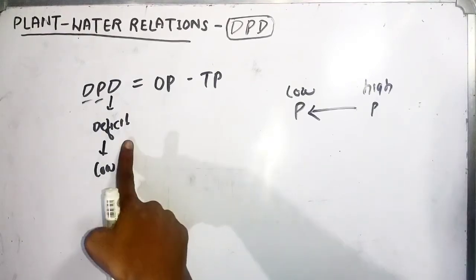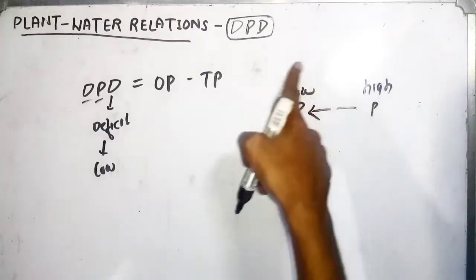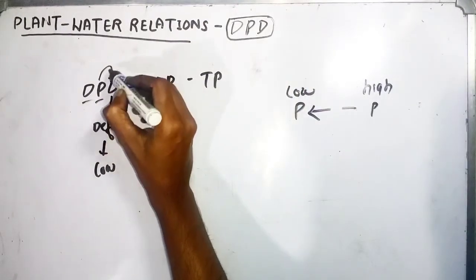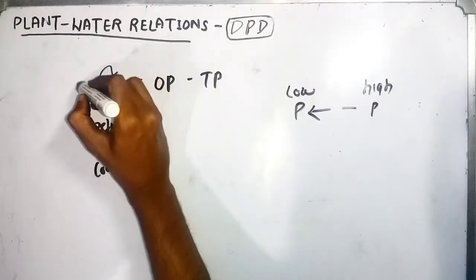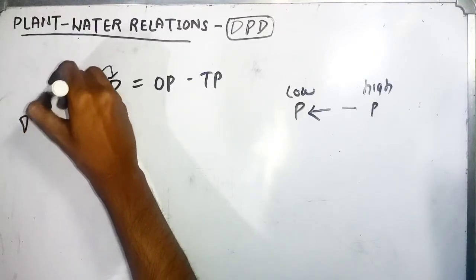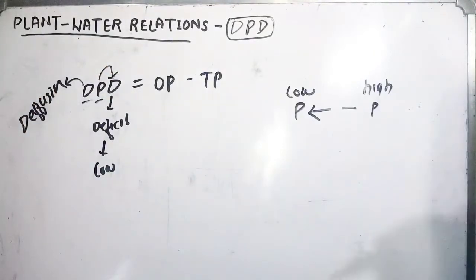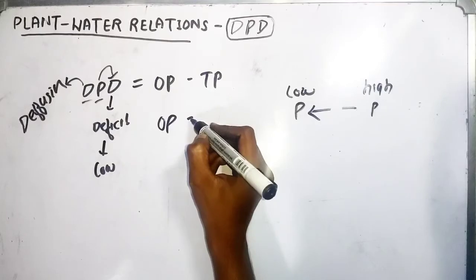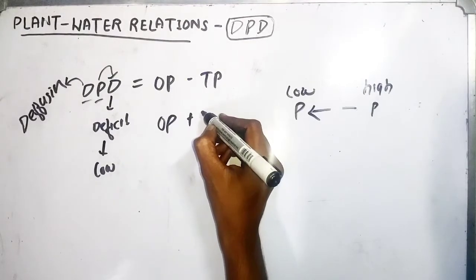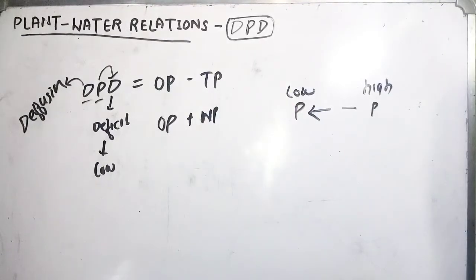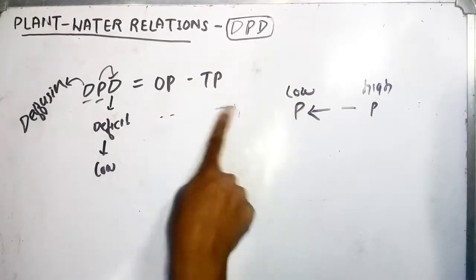If something is deficit, it means it is low, telling that it is deficit in pressure for diffusion. This is osmotic pressure, this is turgor pressure, and we can also replace turgor pressure by wall pressure, which is opposite to each other. Just remember that.